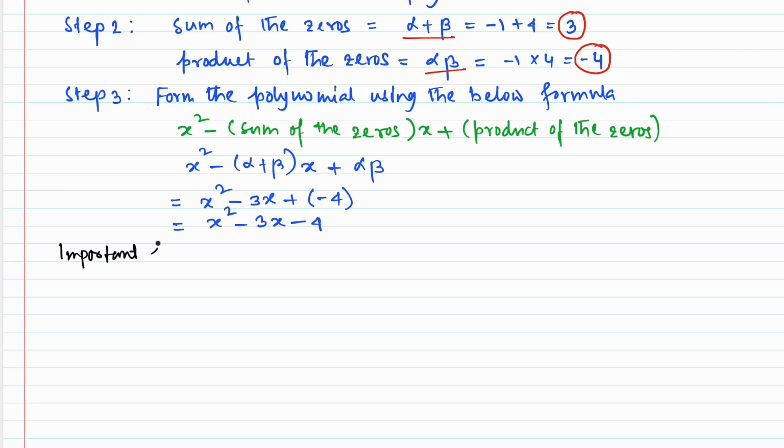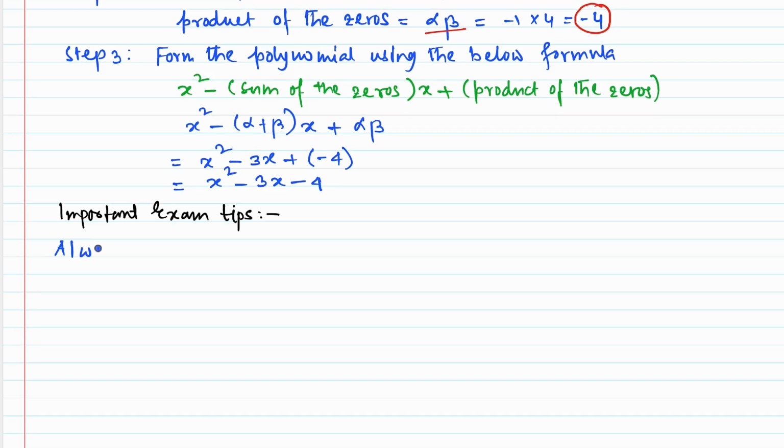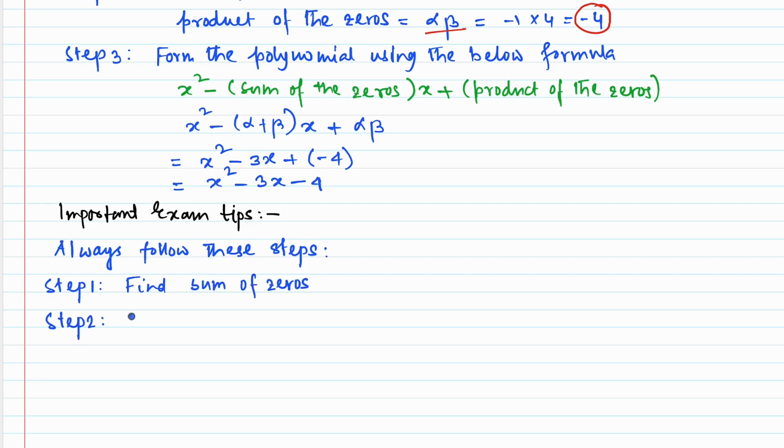Now important example tips. Always follow these simple steps. Step 1, find the sum of zeros. Step 2, find the product of zeros.